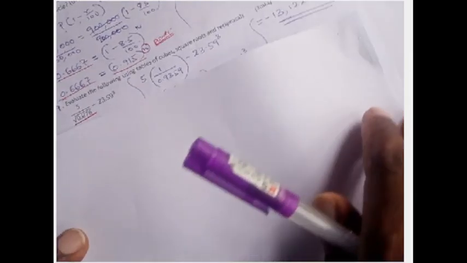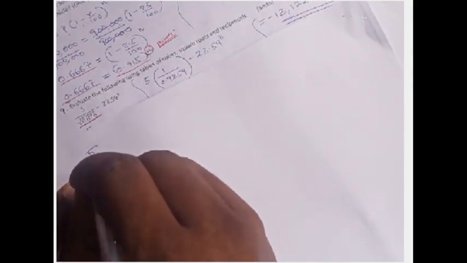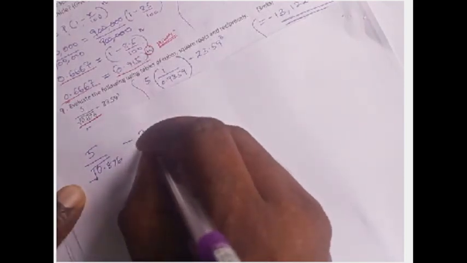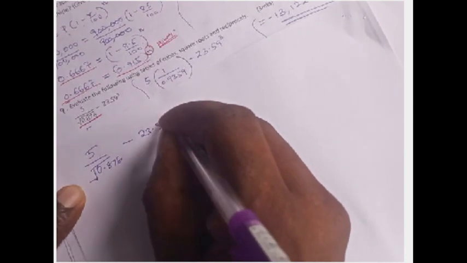Our next question: by the use of tables, we want to evaluate 5 over the square root of 0.876 minus 23.59 cubed.